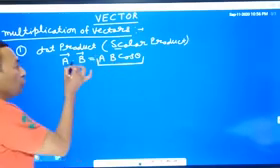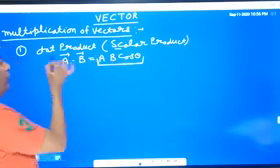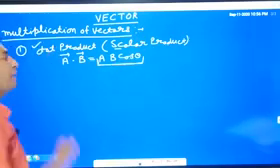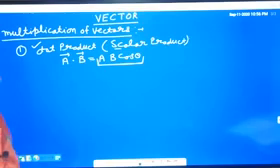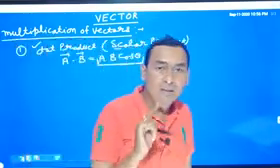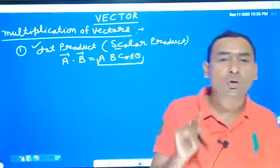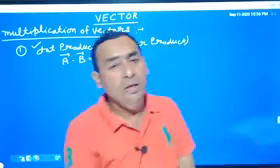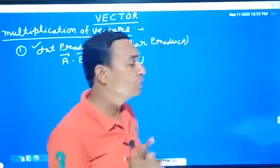We use a dot between two vectors when we write dot product or scalar product, so it is also known as dot product. Okay. So we have to learn this formula: a vector dot b vector equal to a b cos theta.